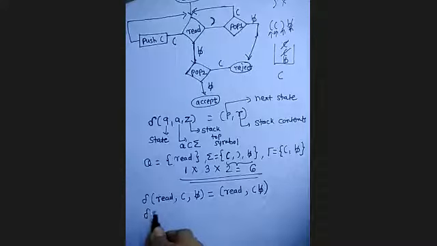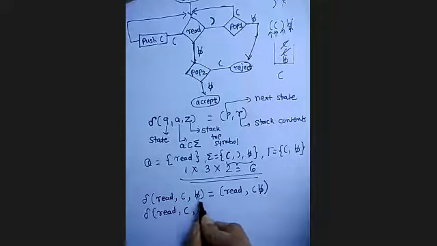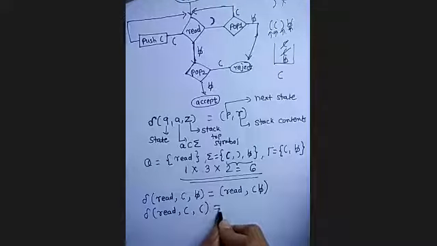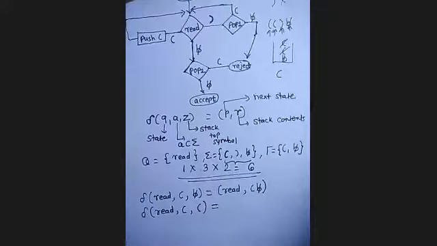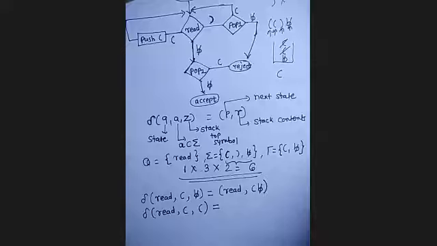Second equation: we will consider opening, and this will change to another stack symbol, that is the opening. Now who will tell me the next state and the stack content?